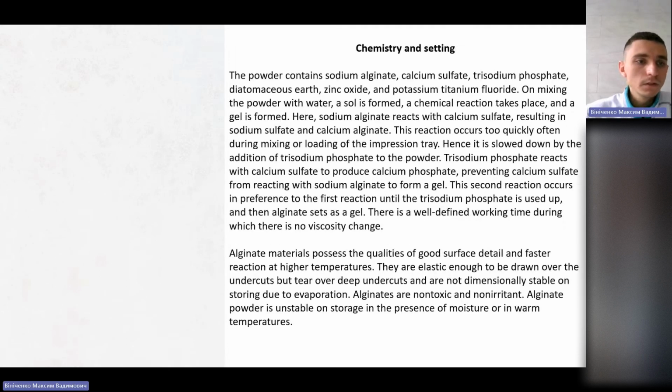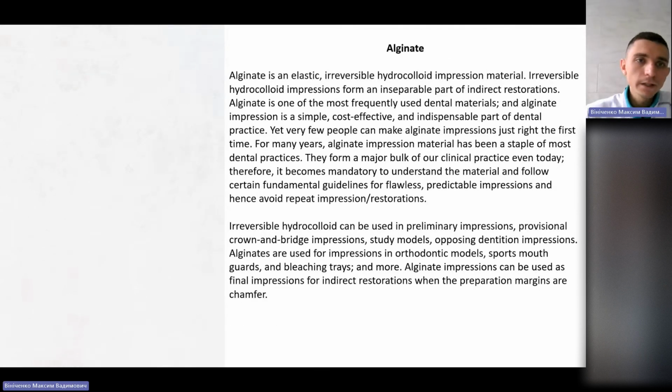Irreversible alginate. Alginate is an elastic, irreversible hydrocolloid impression material. Irreversible hydrocolloid impressions form an inseparable part of indirect restorations. Alginate is one of the most frequently used dental materials, and alginate impression is a simple, cost-effective, and indispensable part of dental practice.